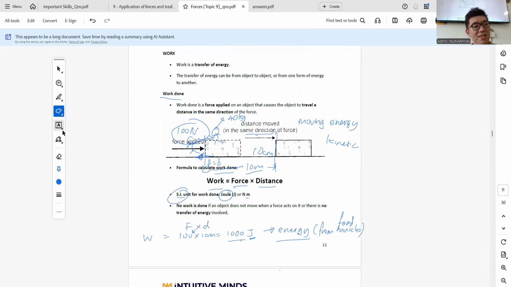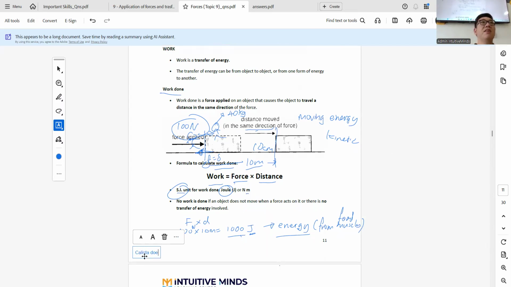So we can say, Callista does work on her sister when she pushes her. The 1000 joules of work done was converted from the food in the muscles.